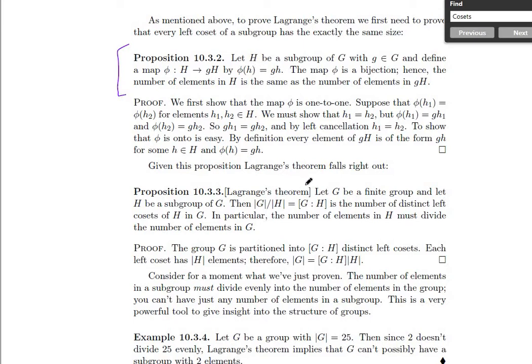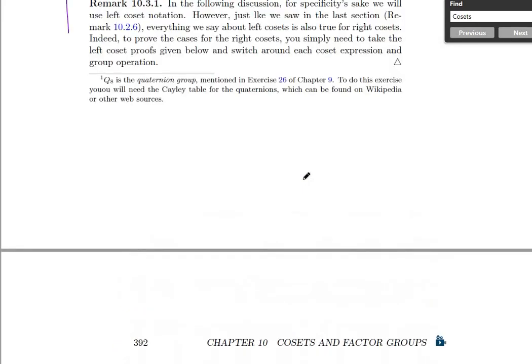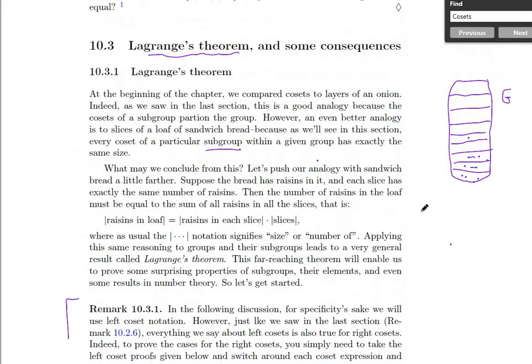So Lagrange's theorem simply says that these cosets evenly divide the group into a certain number of classes. Let's go back to the picture here. If I have, let's see, 1, 2, 3, 4, 5, 6, 7, 8, 9 slices and there are 4 raisins in each slice, how many raisins do I have?